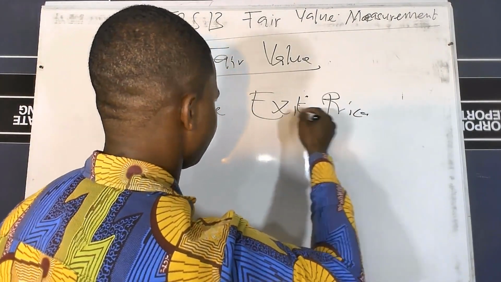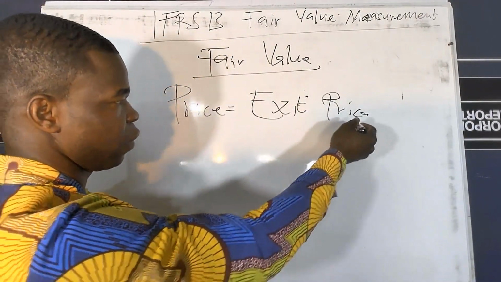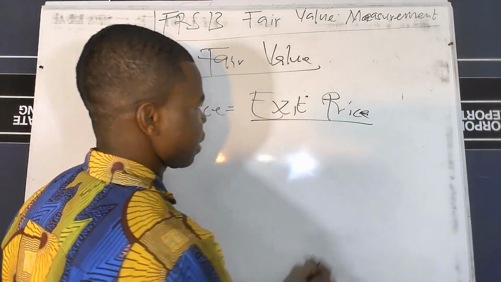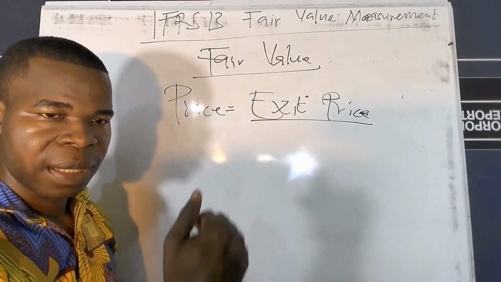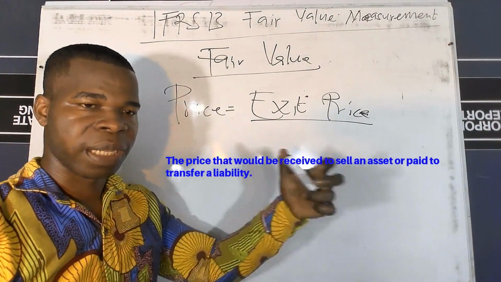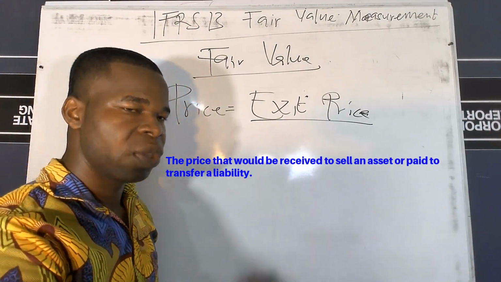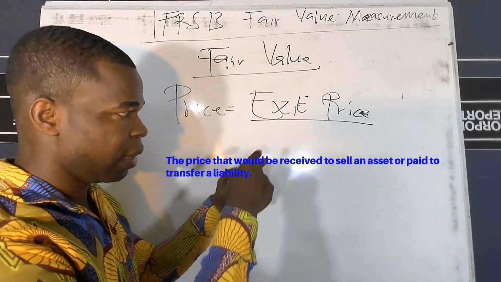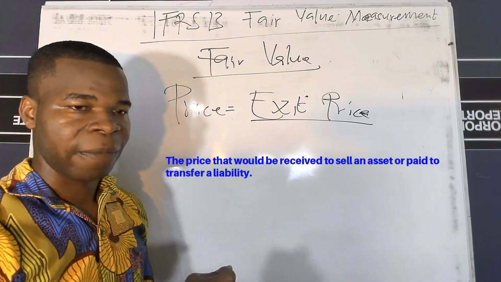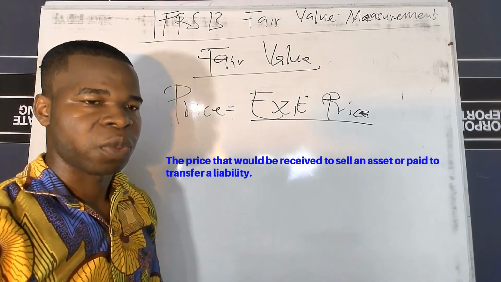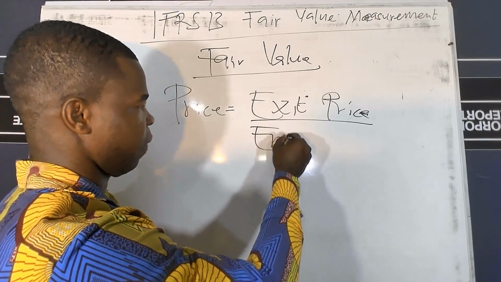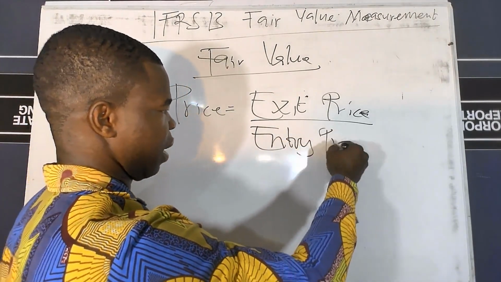So we say it's the price that will be received, or the price that will be paid, is an exit price. And when we say exit price, we are saying that is the price that will be received to sell an asset or paid to transfer a liability. So the price there is an exit price, but not an entry price. That means we have two types of price when it comes to IFRS 13: exit price and entry price.